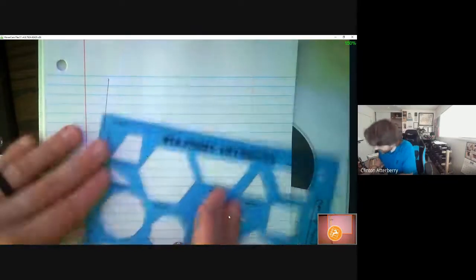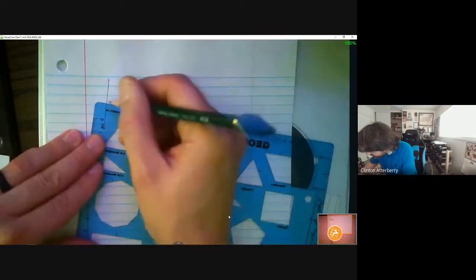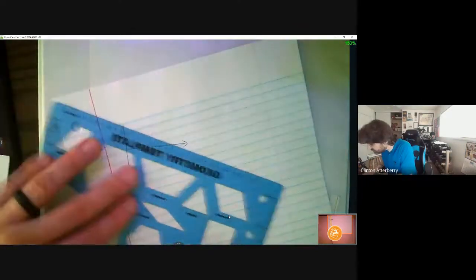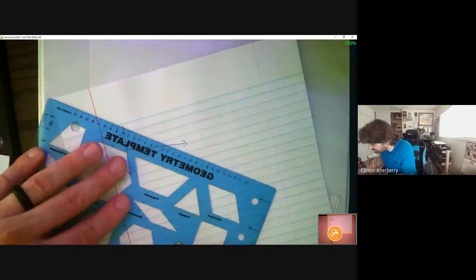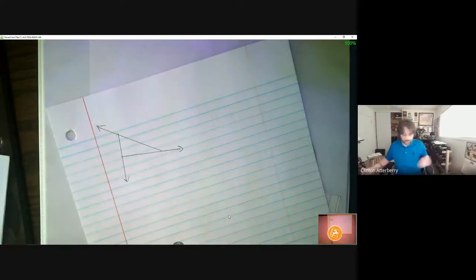They make a line like this, some sort of line like that, and then another line. It's just these three lines in the middle of a triangle, and they'll label it something like this.